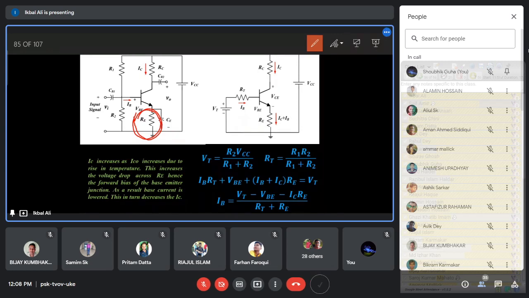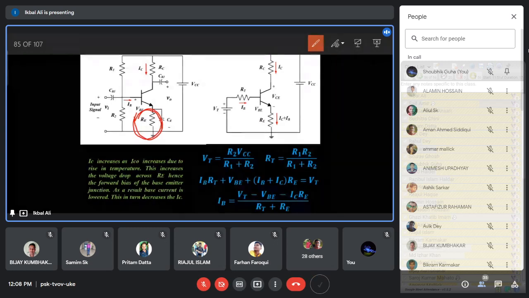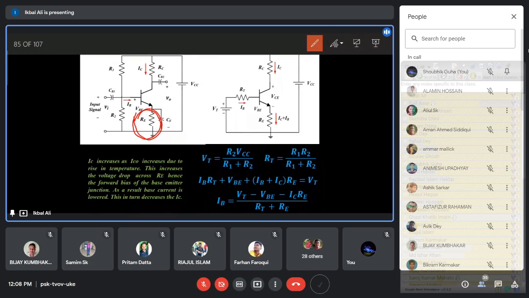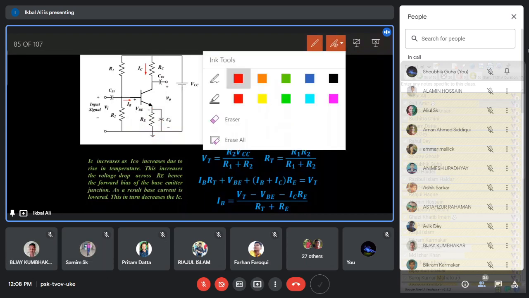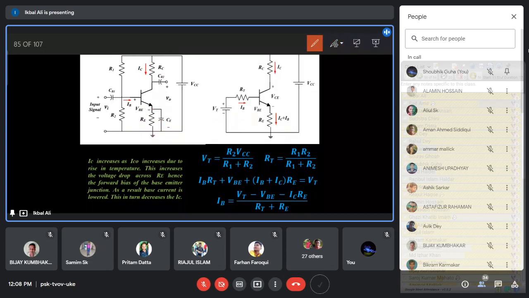We have also discussed the construction of the circuit. The construction of the circuit is like this: you have learned this one, that the RC resistance is supplying the collector biasing through the VCC voltage battery. The RE resistance is connected to the emitter side.